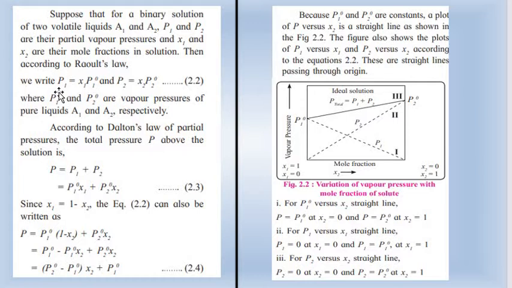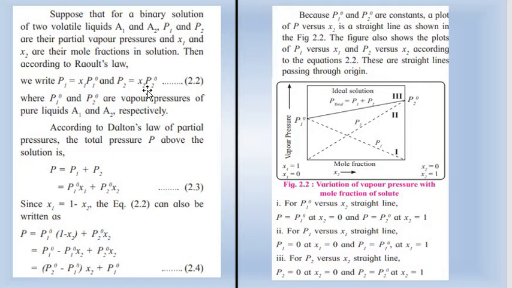That means, if I am talking about component 1, its partial pressure would be equal to its mole fraction multiplied by the vapor pressure in its pure state, which is represented as P1 naught. And the second component's partial pressure would be the mole fraction of the second component multiplied by its vapor pressure when it was present in pure form.